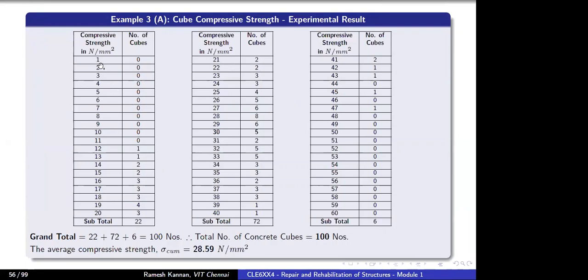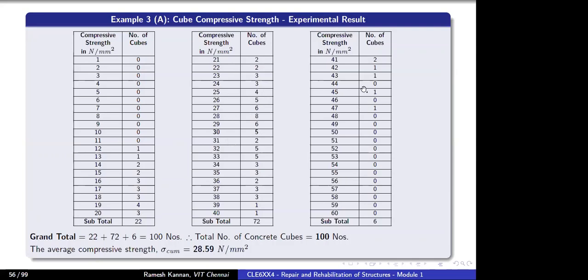Say for example, compressive strength of 1 Newton per millimeter square, there are just 0. No cubes have that compressive strength when you design for M30. Something like 12 Newtons is a failure, cubes get failed to a greater extent. But after this, 21 to something, it's just okay, it's mediocre strength.